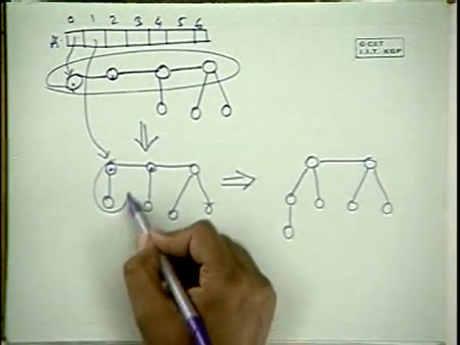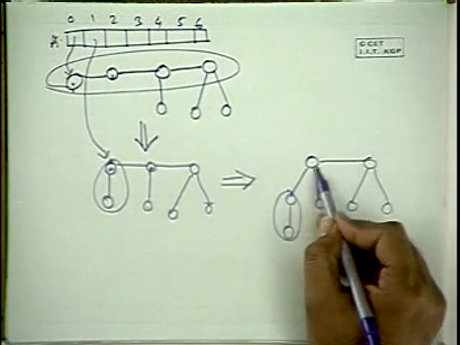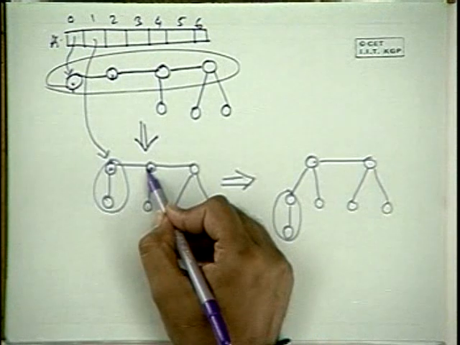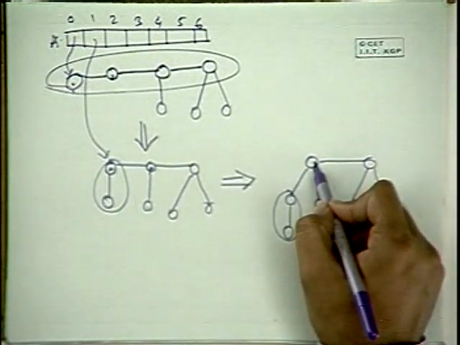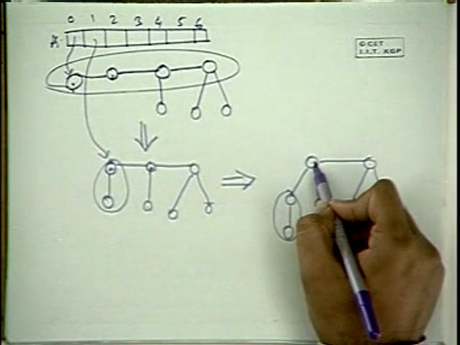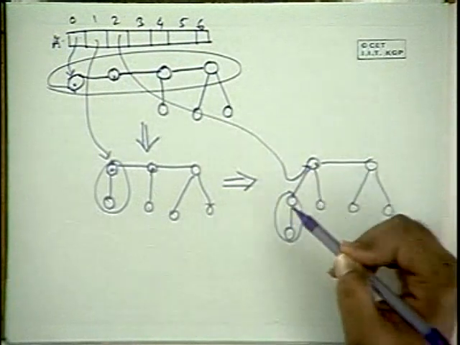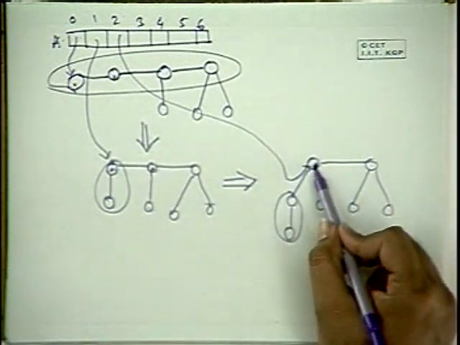This has become the child of this node. You can see initially this one had degree 1, now it has increased by 1. So now A2 will point here. A2 is pointing to this node now.